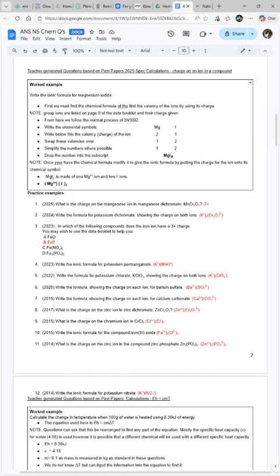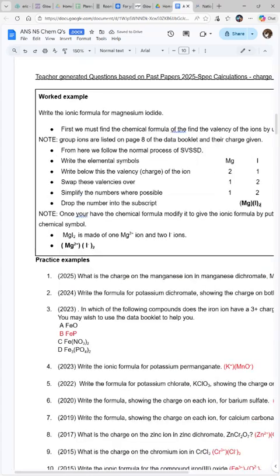Now this is how we would do the molecular formula. We've been asked for the ionic formula. I would tend to do this first because it's relatively simple to convert it into the ionic formula. We put a bracket around magnesium and a bracket around the iodine. You can see I'm pushing that 2 out to the right hand side of the bracket.